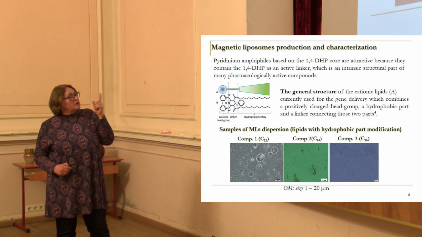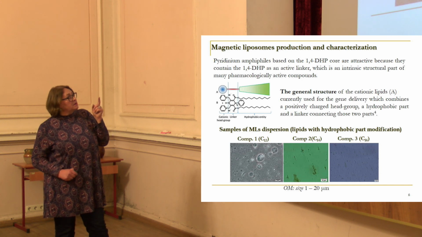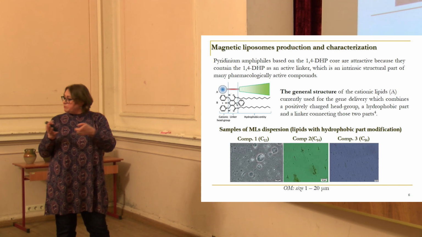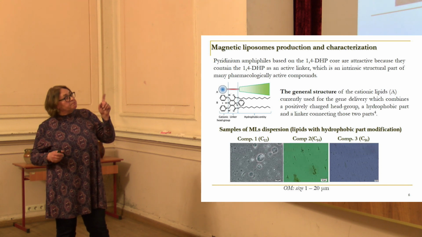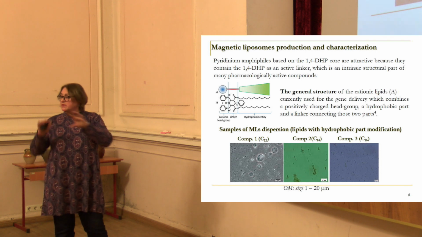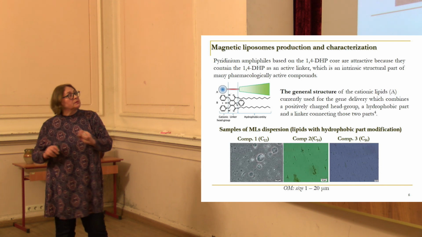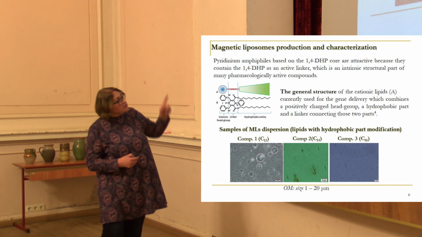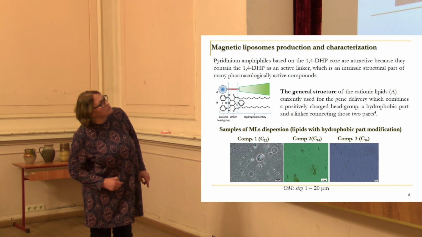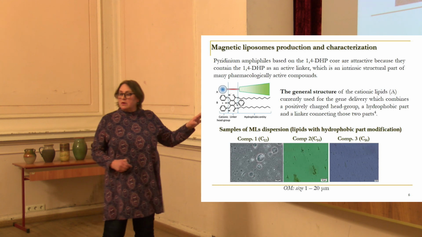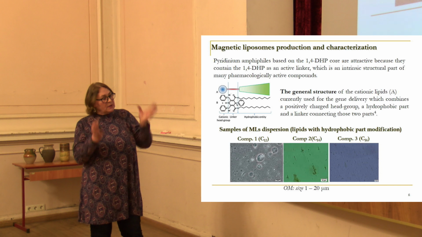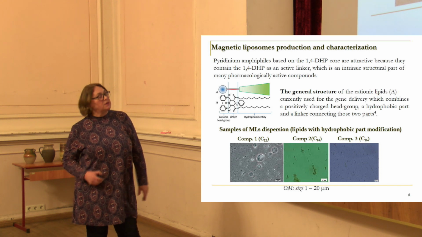We can also see liposomes with one bilayer, but many liposomes with multiple layers also exist. In this case, there are more liposomes with one bilayer around that form liposomes.